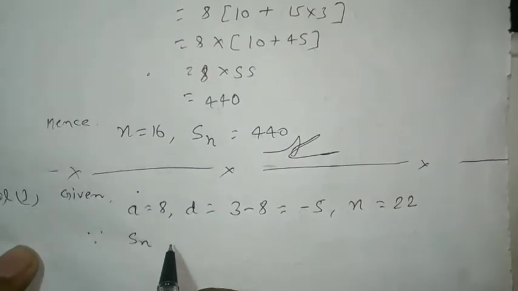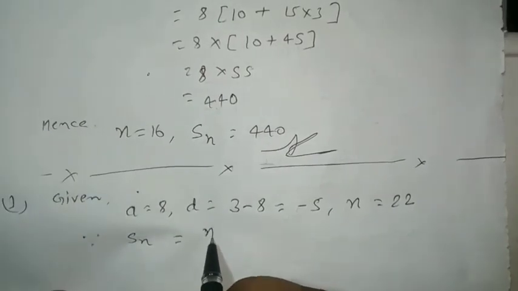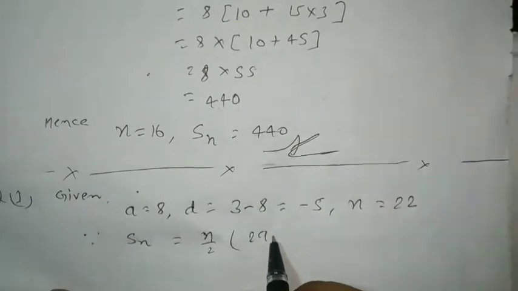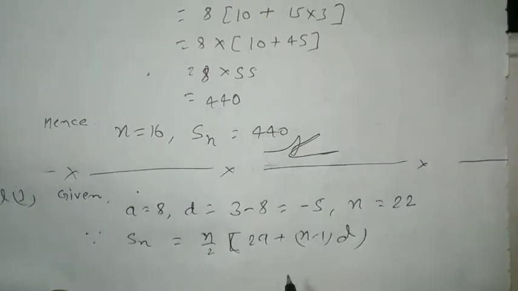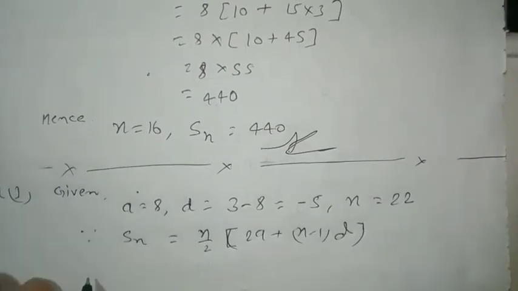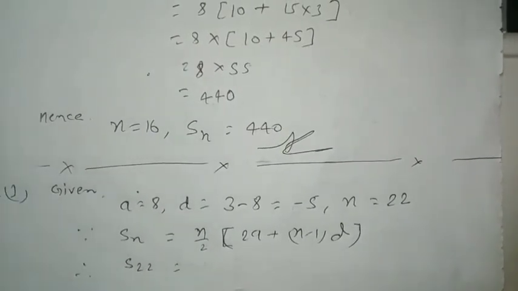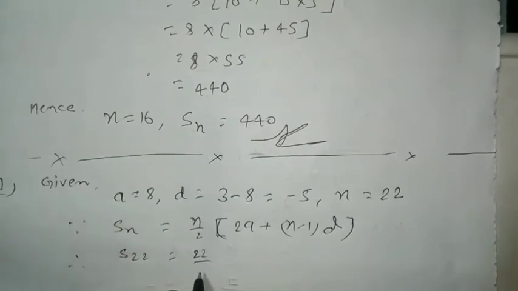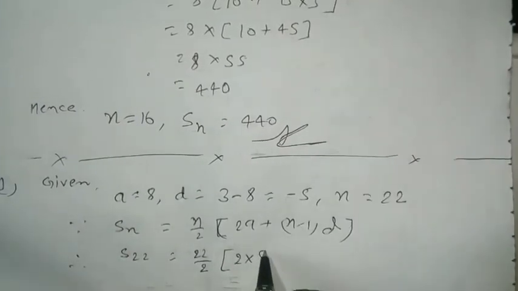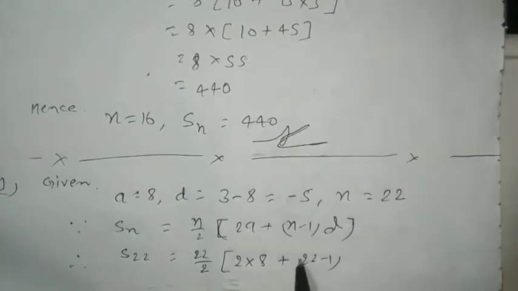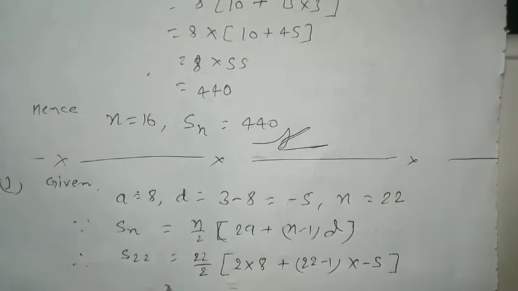Because Sn is equal to n by 2 into 2a plus (n minus 1) into d, therefore S22 is equal to 22 by 2 into [2 into 8 plus (22 minus 1) into minus 5].